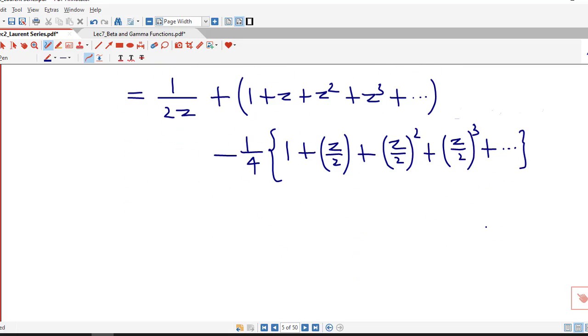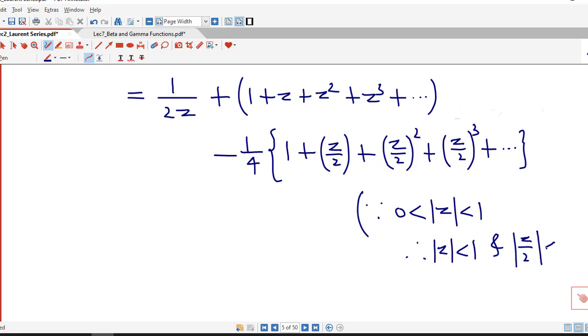And this is possible because our region is 0 less than absolute value of z is less than 1, therefore absolute value of z is less than 1 and absolute value of z by 2 is also less than 1.